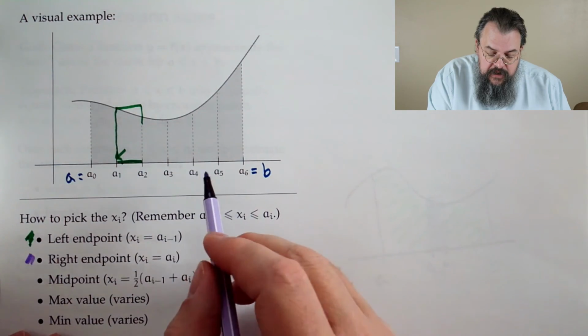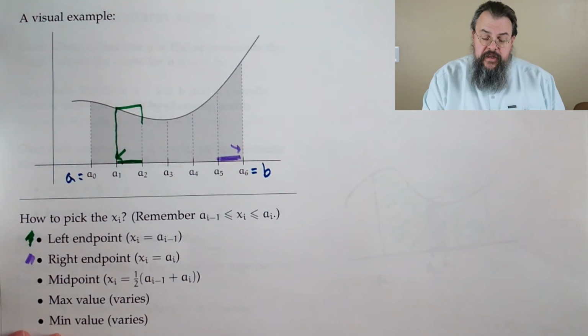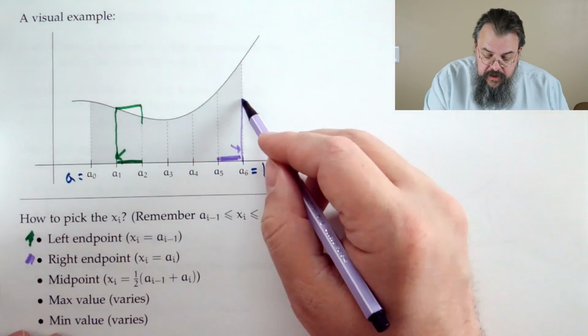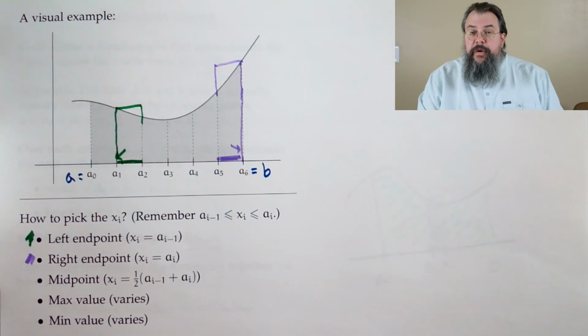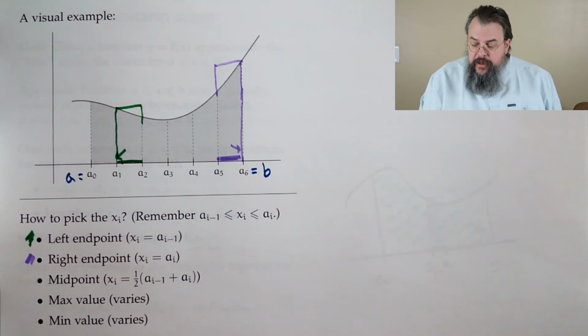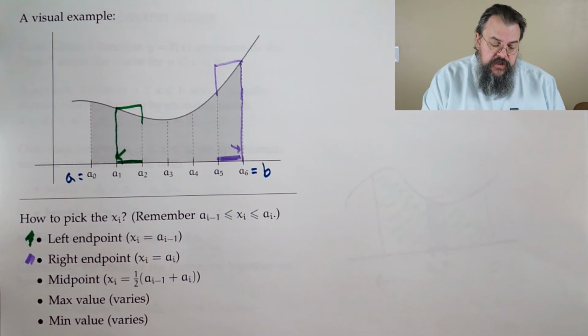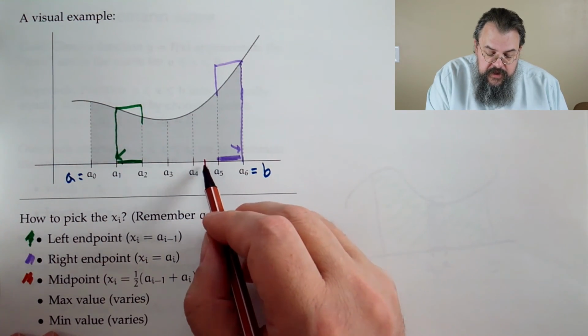Okay, well, what is that? It says, look, if you have an interval, choose the right-hand side. And then whatever the height is at the right-hand side, that's what you pick. And that gives you your area. All right, well, of course, what are some other options? You could pick the midpoint. What does that say? Well, it says just go halfway in between.